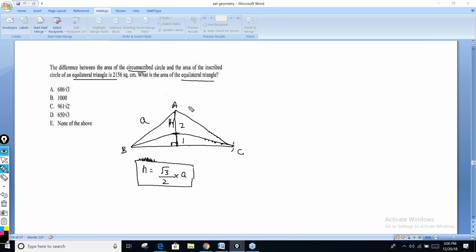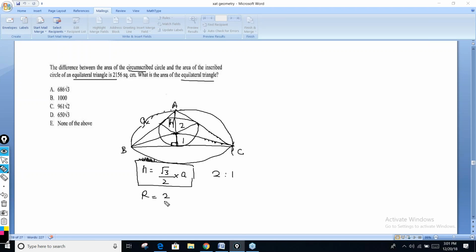I can draw a circumcircle using this radius, and I can draw an incircle using this as a radius. So clearly the circumradius and inradius are in the ratio of 2:1.